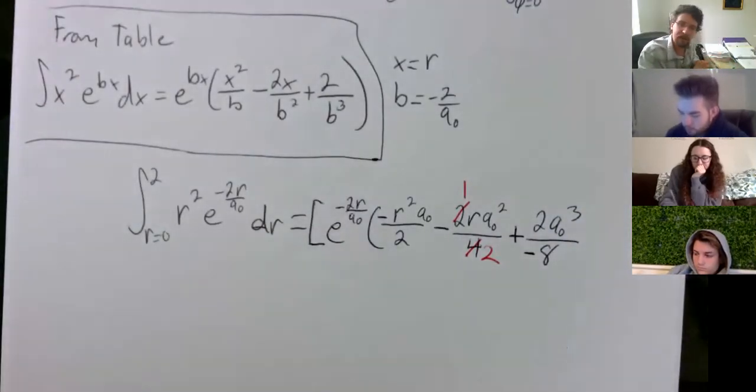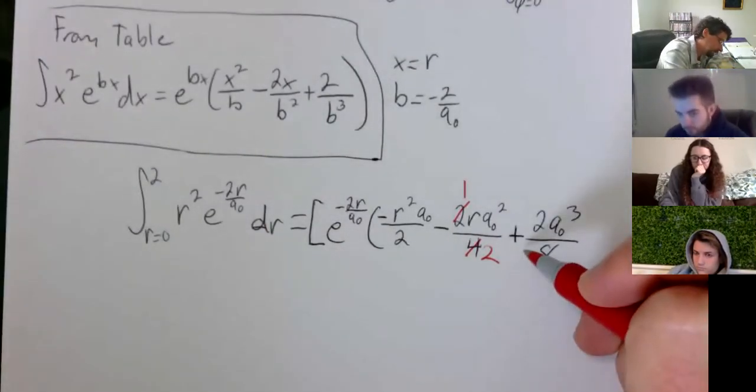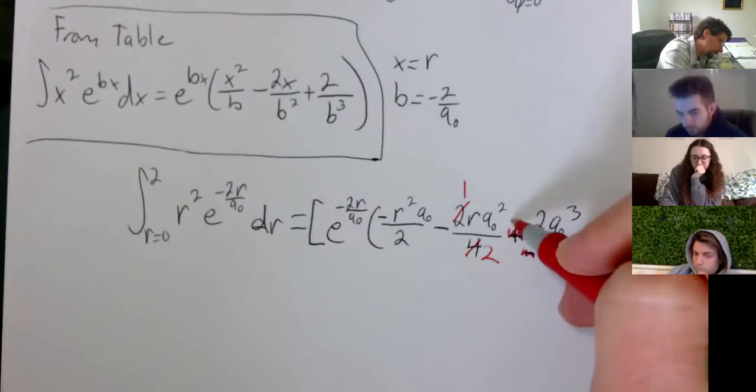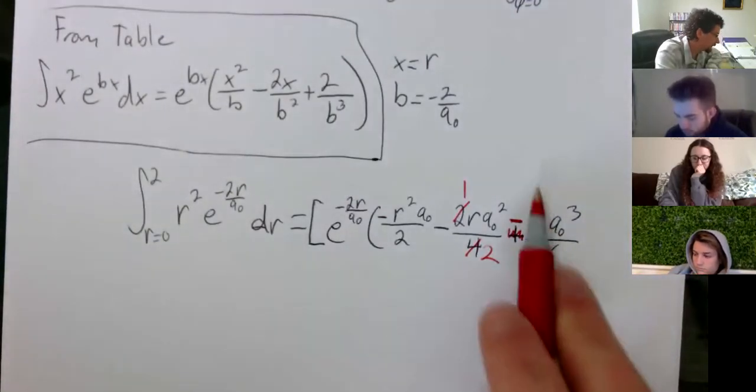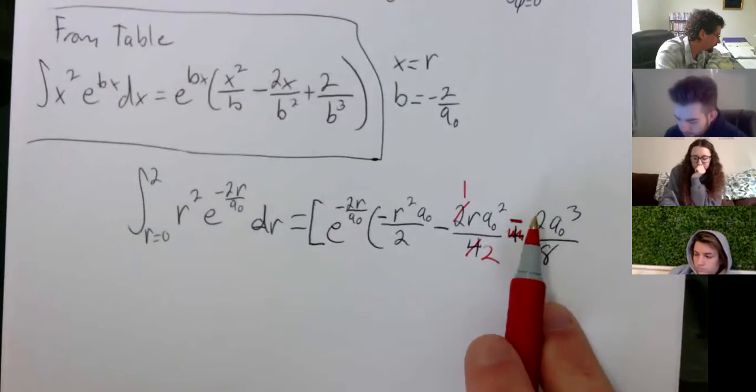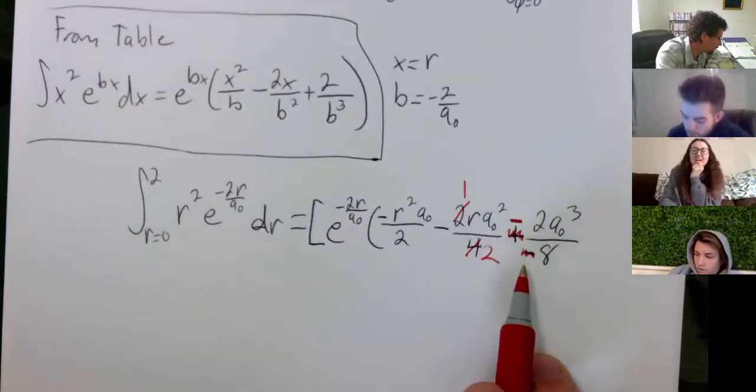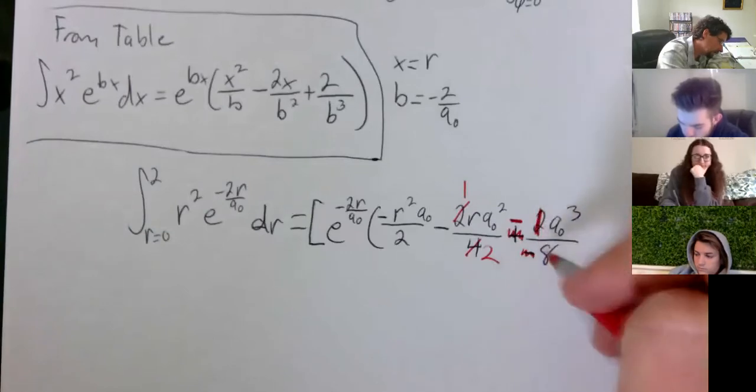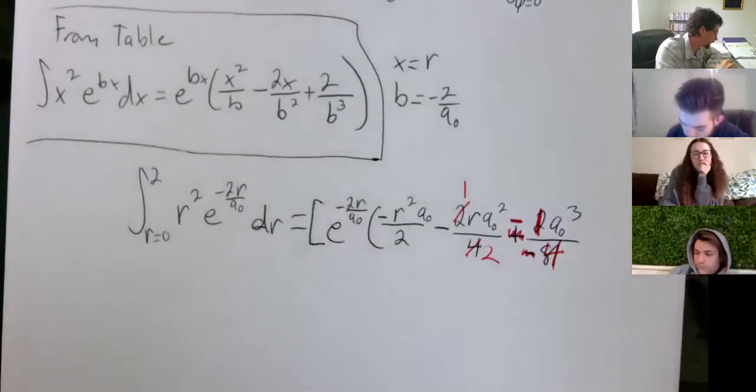So let's pull that negative out. And how's this going to simplify? 1 to a 4. Yeah, should be a 4. Let me double check and make sure that that's right. Yeah, we'll leave it there. 4. Okay.